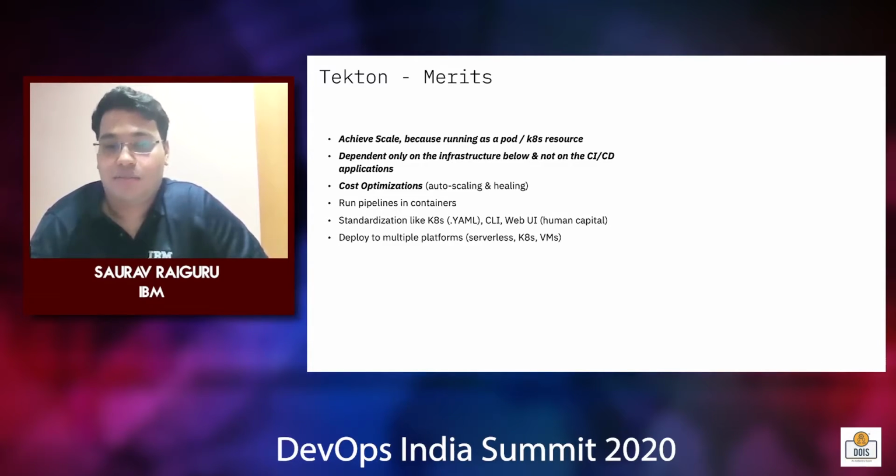All that it is depending upon is the infrastructure below, and not the CI/CD application per se, because we've been using certain CI/CD applications like TeamCity, Travis, and Jenkins, and so on, all this while. But all of them have application concurrency dependencies, if I may put it that way, and all of that is now alleviated, because your entire CI/CD pipeline is running as a Kubernetes resource, as a pod, as a deployment, and they can be scaled automatically.